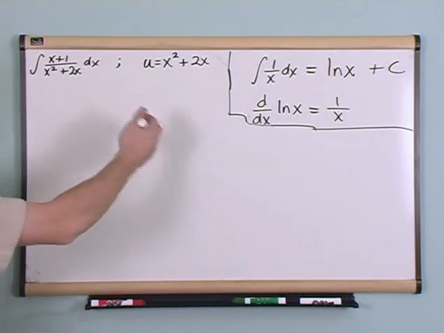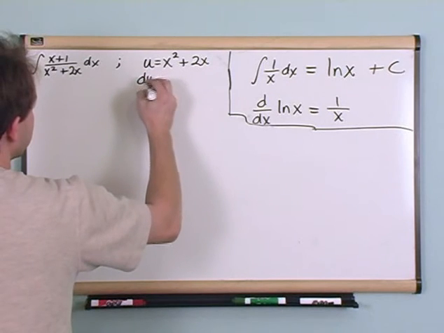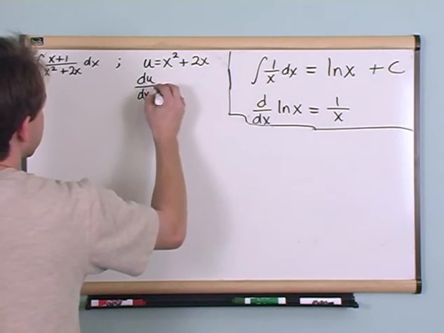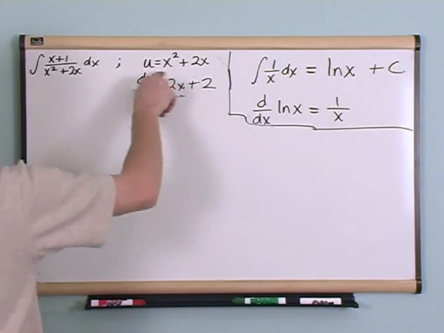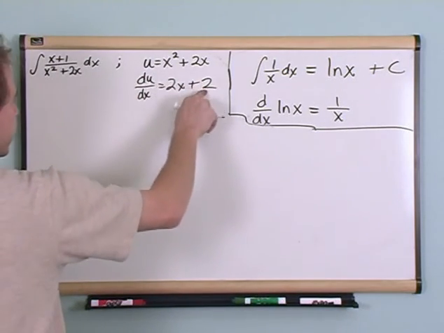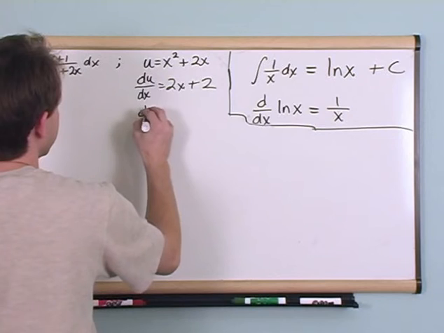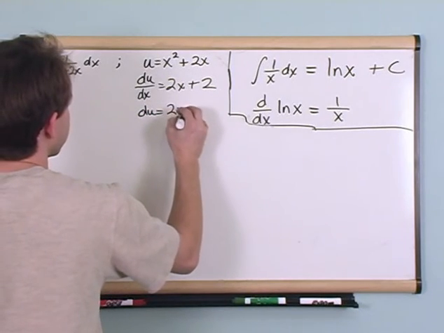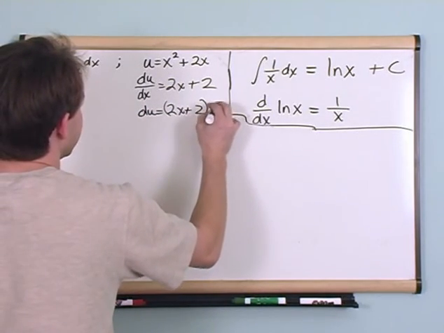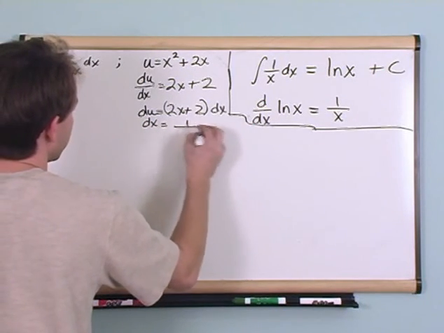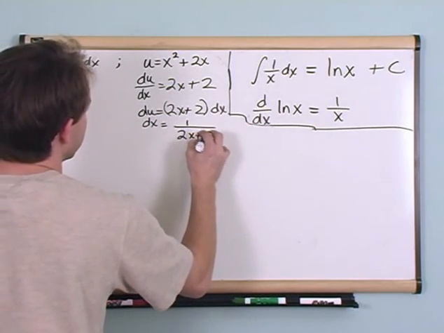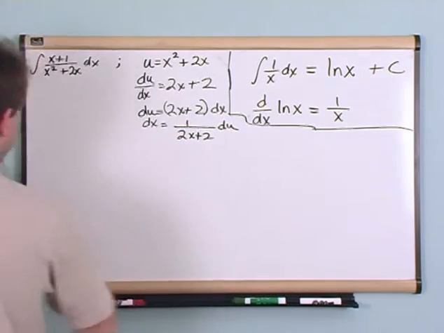If it doesn't work out, well, it doesn't work out. du/dx is just going to be 2x plus 2. The derivative of this term here, this is 2x plus 2. So then du is equal to 2x plus 2 times dx. And so solving for dx the same way we always do in these problems is 1 over 2x plus 2 times du. Okay?